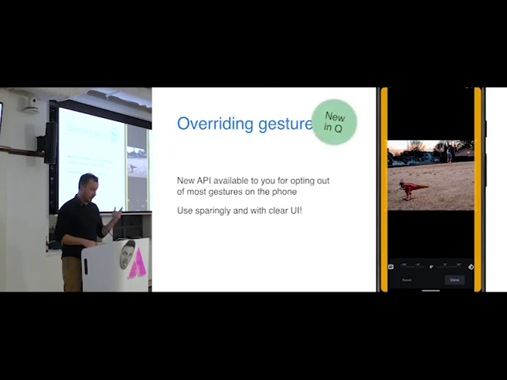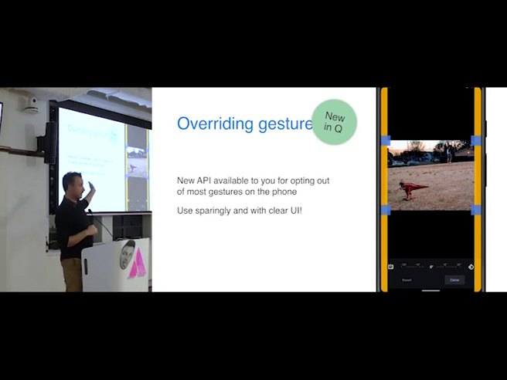So you can now override it, as we've talked about. Use it sparingly. Don't just turn off all edges, because then you've got no back gesture. Just use it in the spots where you need it. Your app knows where it's drawing these little drag handles. You can then tell the system, as those drag handles move, which parts of the edge of the screen you want to turn off the back gesture.